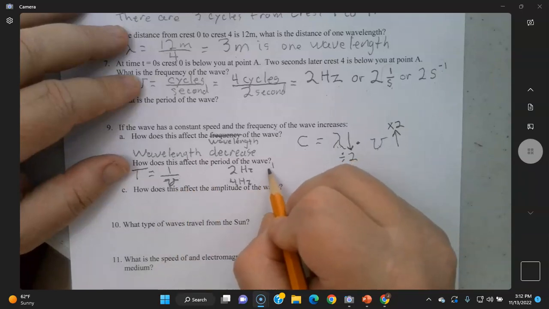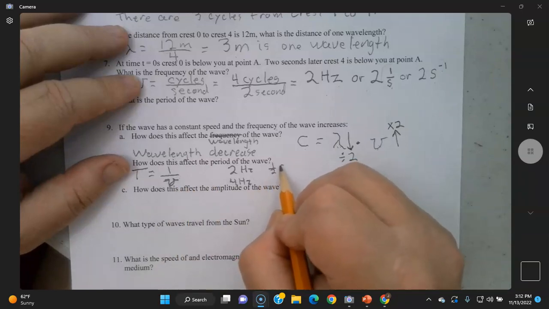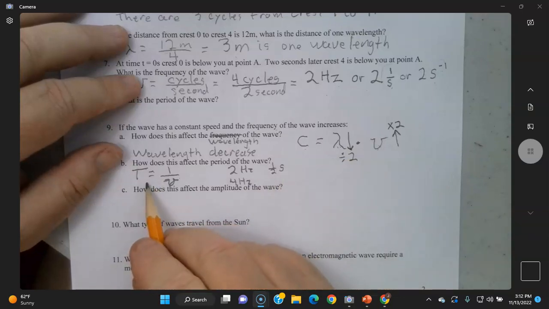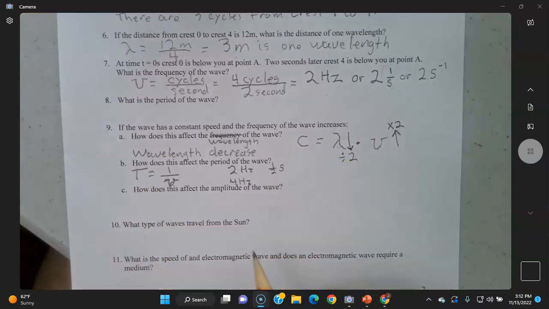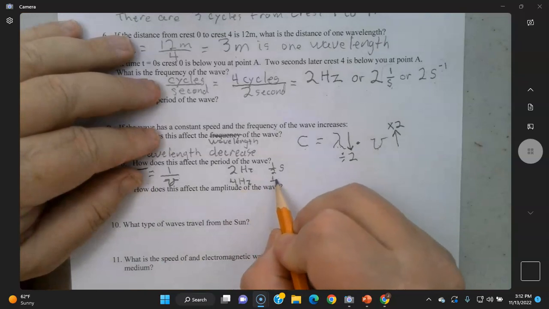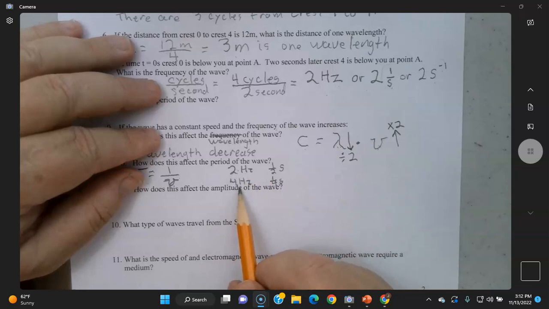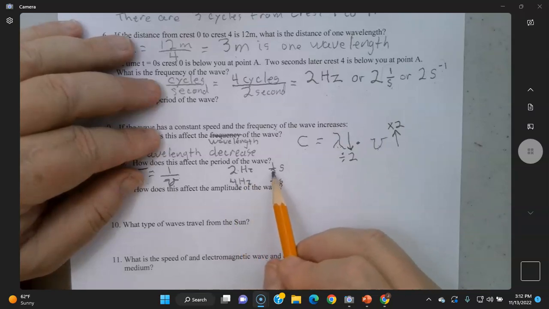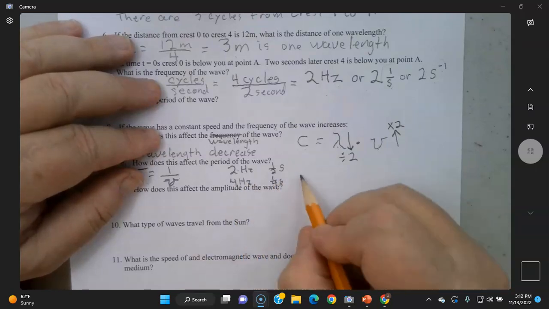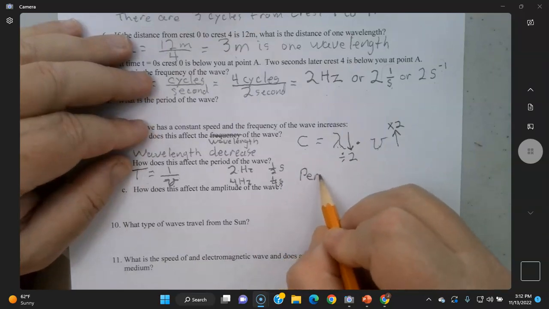It would be 1/2 second, and period is measured in seconds. It's some unit of time, and this would be 1/4 second. So as the frequency goes from 2 to 4 increases, the period gets smaller. It goes from 1/2 to 1/4.